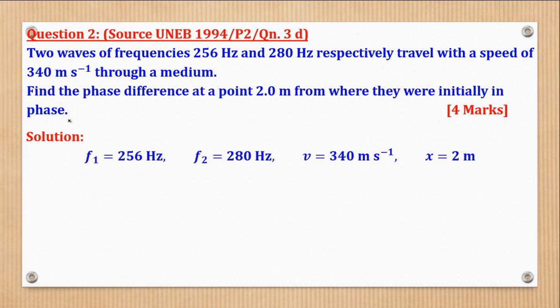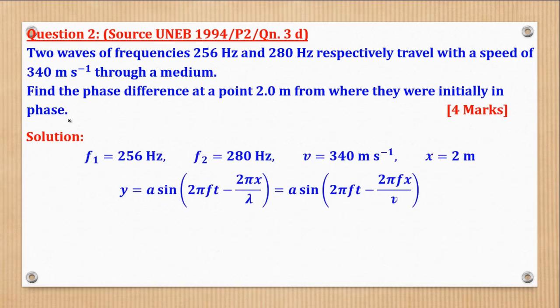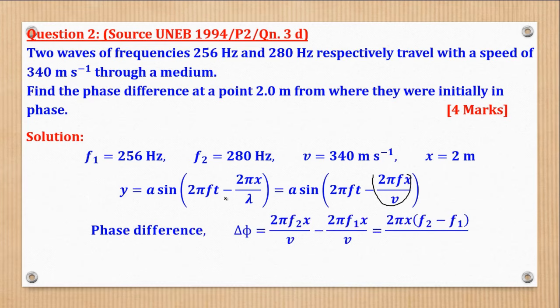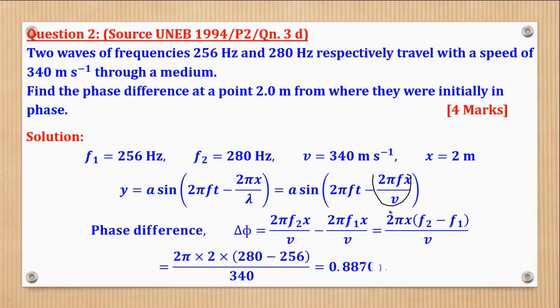So we know F1, we know F2, we know V, we know X. Therefore, the equation will be in this form, and this is what will help us to get the phase difference. Or you can quote the formula we derived of phase difference in terms of frequency. But if not, then you can first go through this, and after that you will substitute. And after substituting, you come up with this as the answer they wanted.